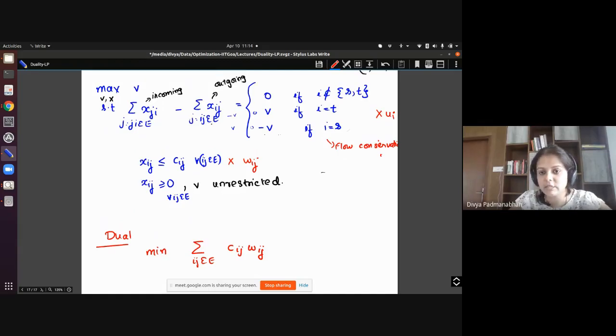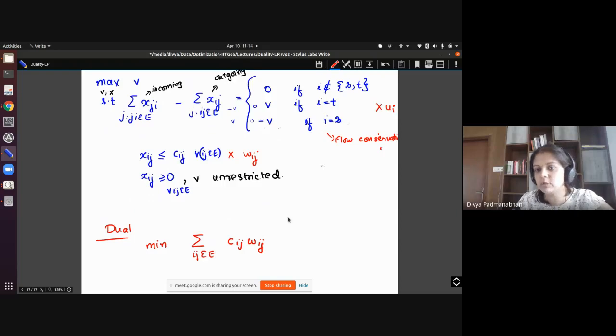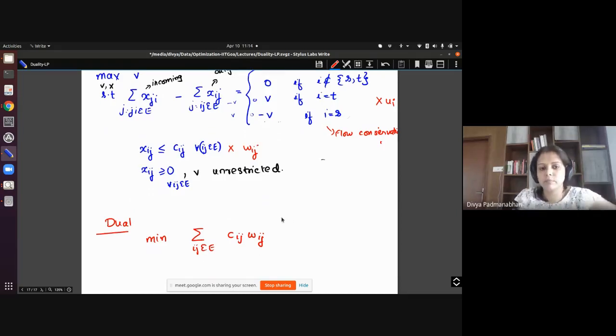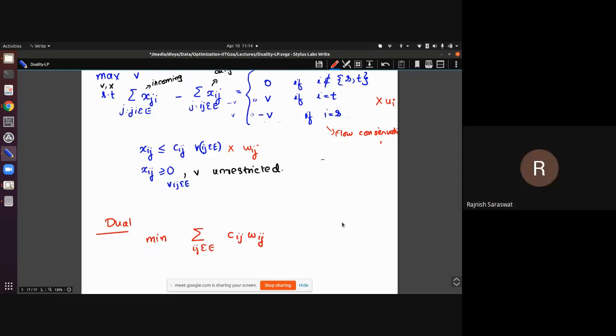Corresponding to each constraint, there's a multiplier, right? So you need to sum up all the multipliers for each of these coefficients, wherever v comes. Can somebody tell me any attempts? us minus ut.